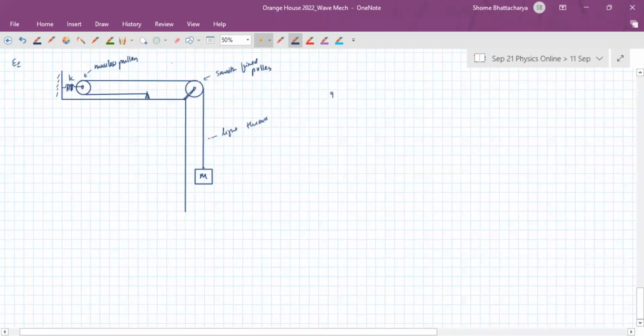So first of all, given that the spring constant is 12 Newton per centimeter and the mass of the block is 2 kg, G is 10 meters per second square. Find the extension of the spring in the equilibrium position.